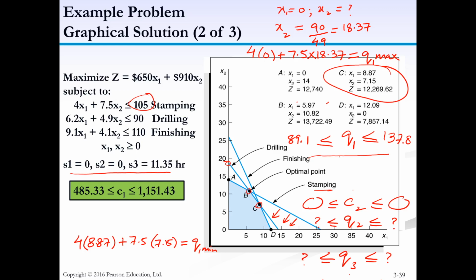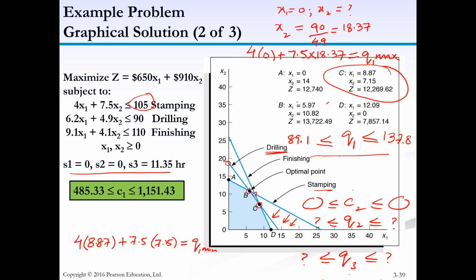Just to tell you, if we have to work out for the drilling constraint, we have Q2 here. In the drilling constraint, if we move the drilling constraint outward, the new corner point is this one.